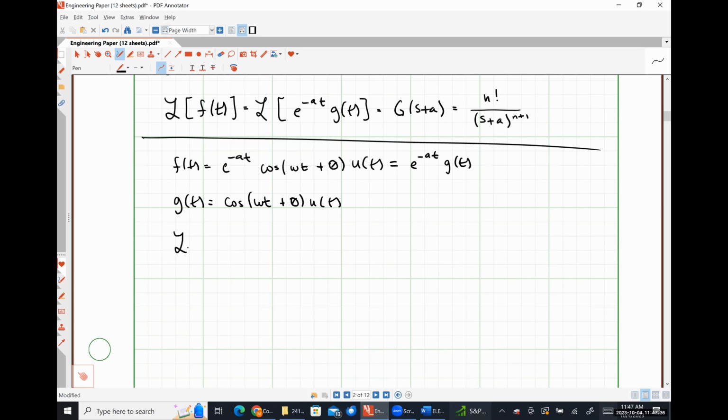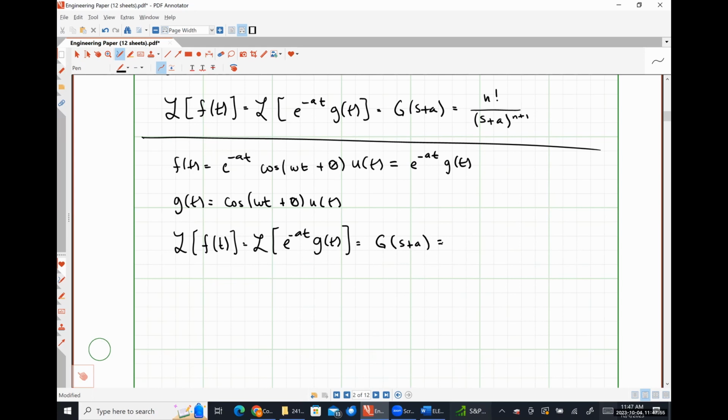The Laplace transform of my function f of t is the Laplace transform of e to the negative at g of t, which we know to be G evaluated at S plus A.